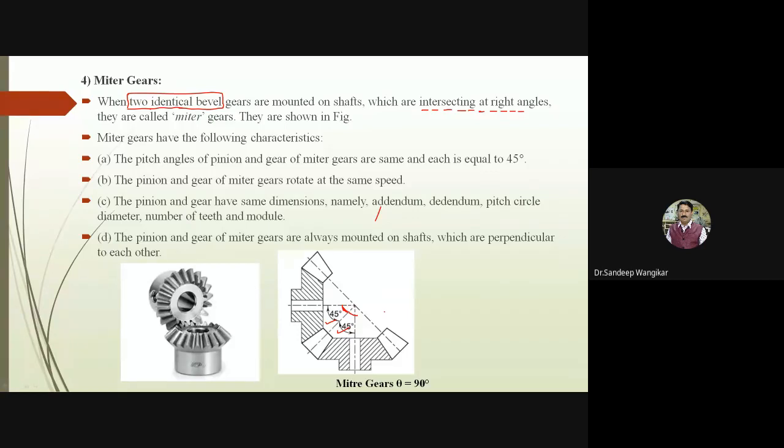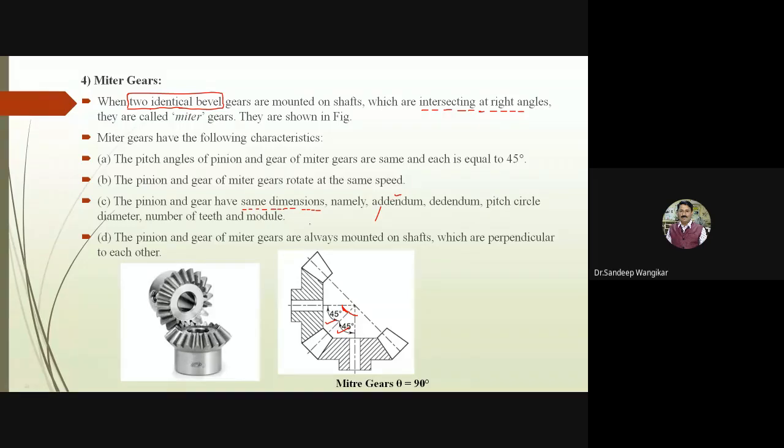So they have the same speed. And as we have used the word identical, the pinion and the gear have the same dimensions. Same dimensions means same addendum, same dedendum, same pitch circle diameter, same number of teeth, and same module.